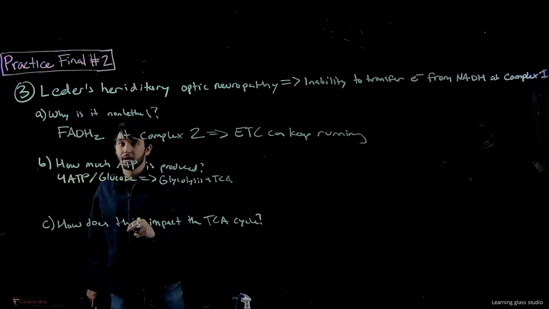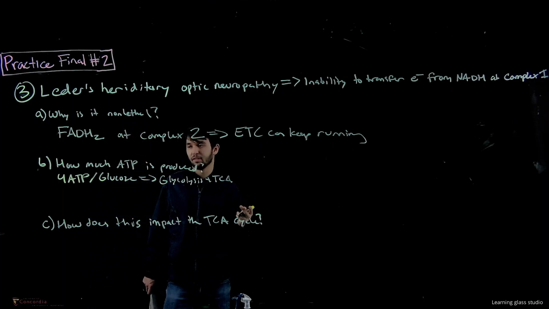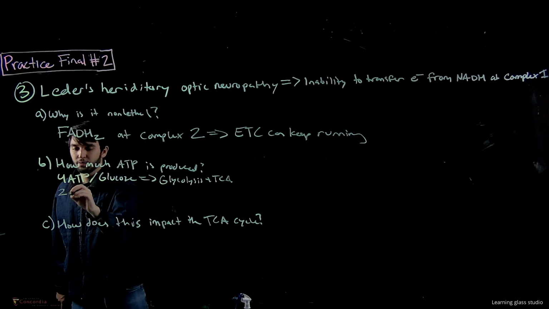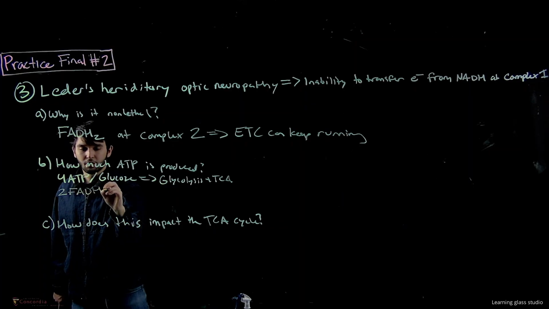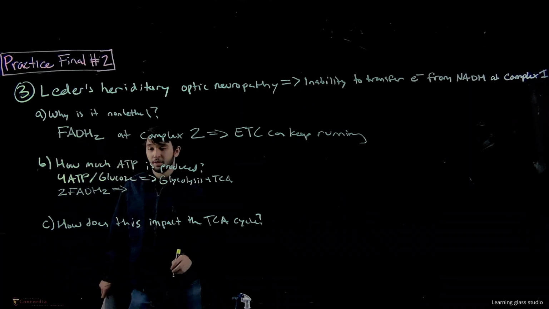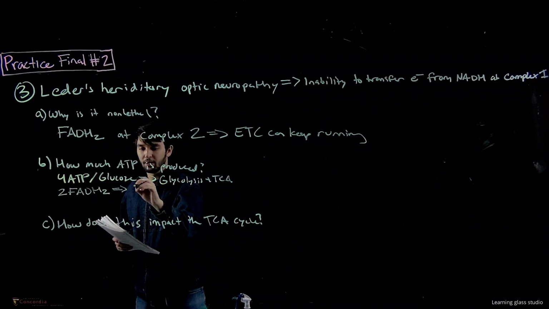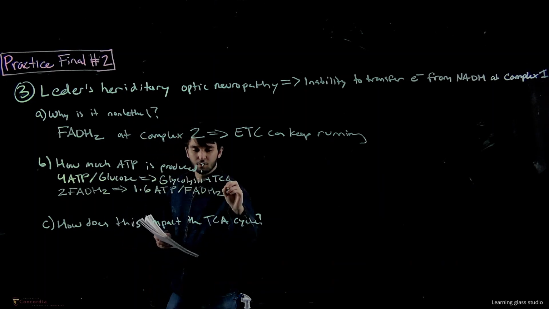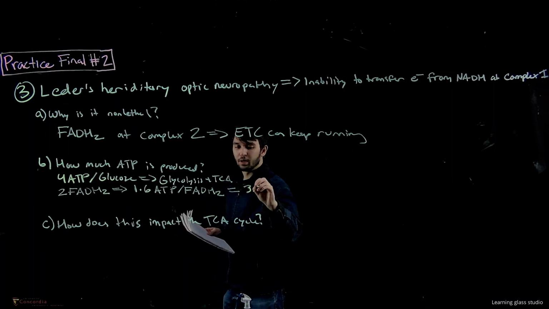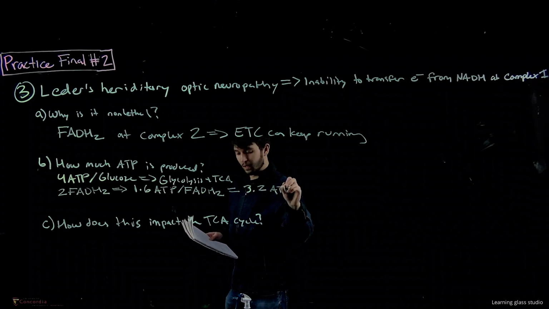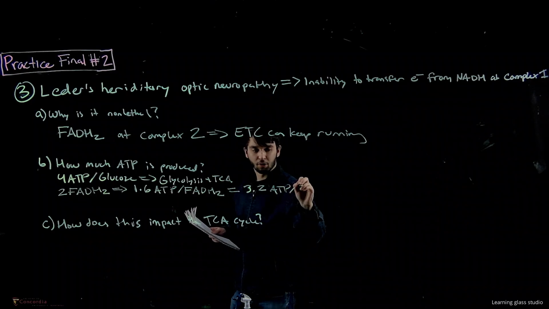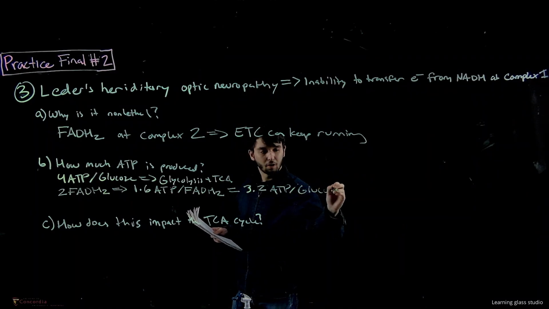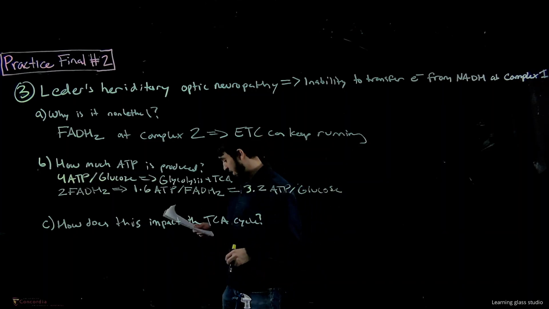We know we are getting 2 FADH2 from the citric acid cycle, so 2 FADH2, which is 1.6 ATP per FADH2, which is equal to 3.2 ATP per glucose from FADH2.